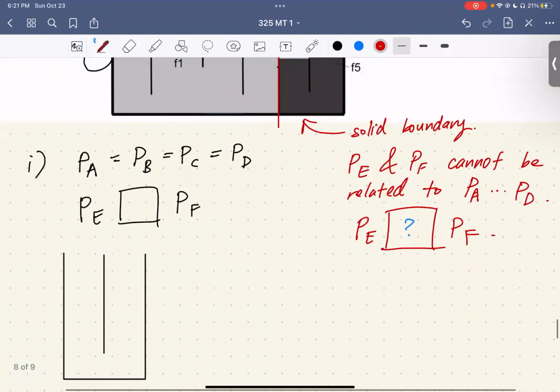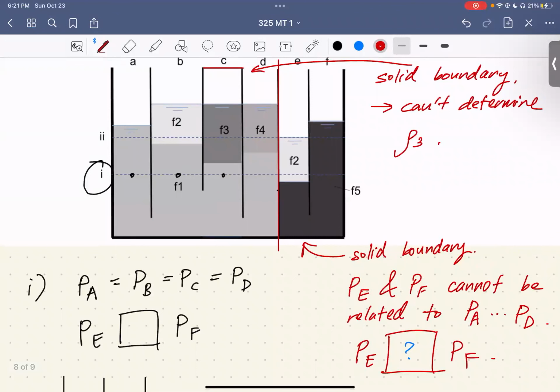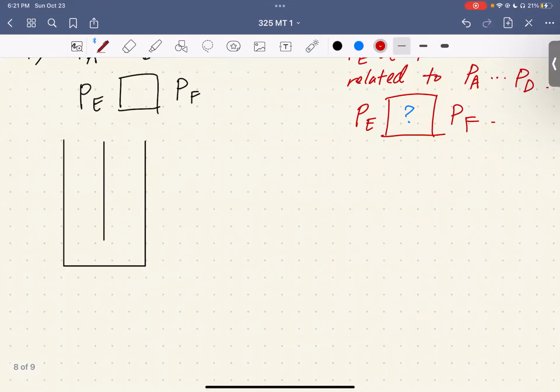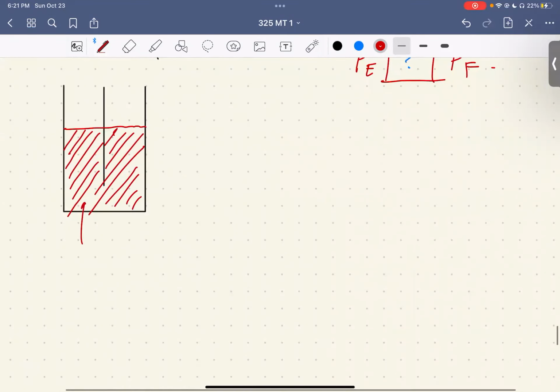So it looks like we have fluid 5 that's higher than fluid 2, right? So if we can think about this in another way, before fluid 2 is added, we have fluid 5. Right? Fluid 5, right over here.